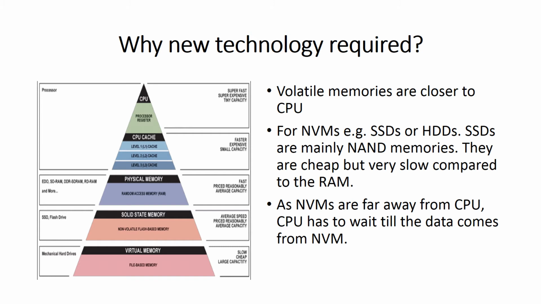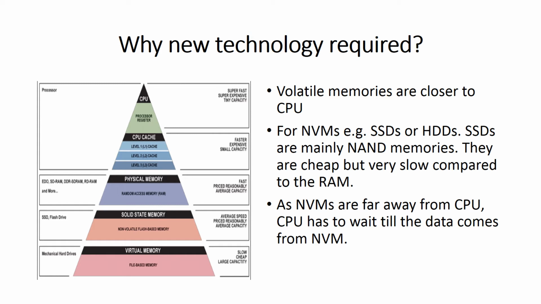The CPU basically is dependent on the non-volatile memories, but as non-volatile memories are very far from the CPU, it slows down the performance of the CPU. So the non-volatile memory should be upgraded, or it should be brought as close as possible to the CPU.